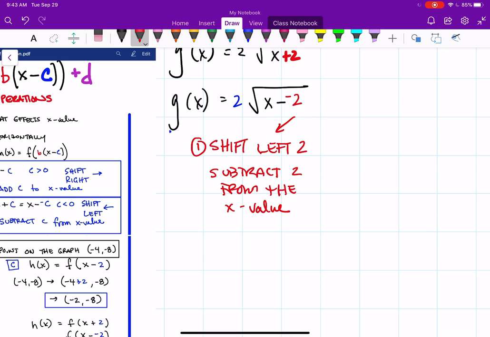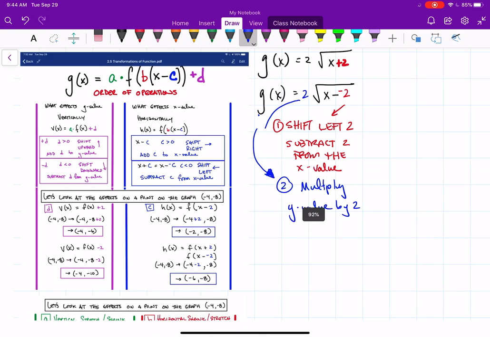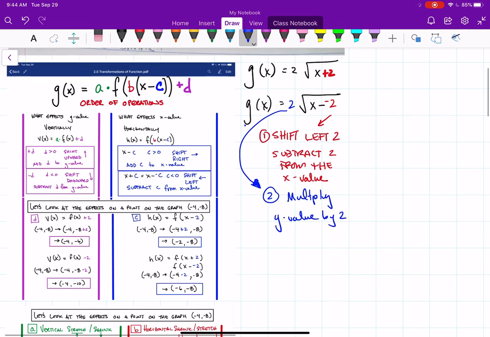Step 2 says, because it's affecting the y value, I'm going to multiply the y value by 2. So if I take 3 points, I'll subtract 2 from the x value to get new points, then multiply the y value by 2 and get brand new points again. I'll show you when we do it later on, okay? So that's how we know.